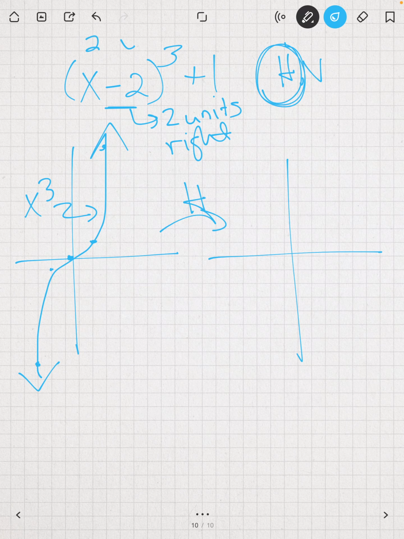So that's 2 units right. So if this is our origin, 2, up 1, and then all the way up to 8, down 1, and all the way down to 8. And that's our result from the horizontal shift.